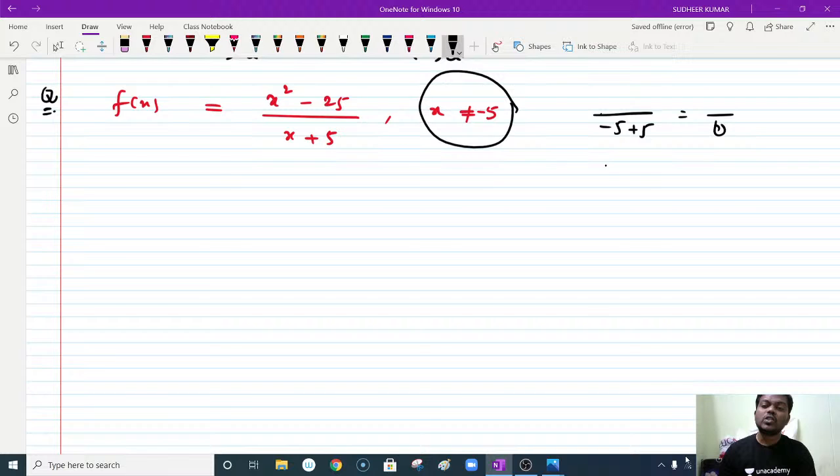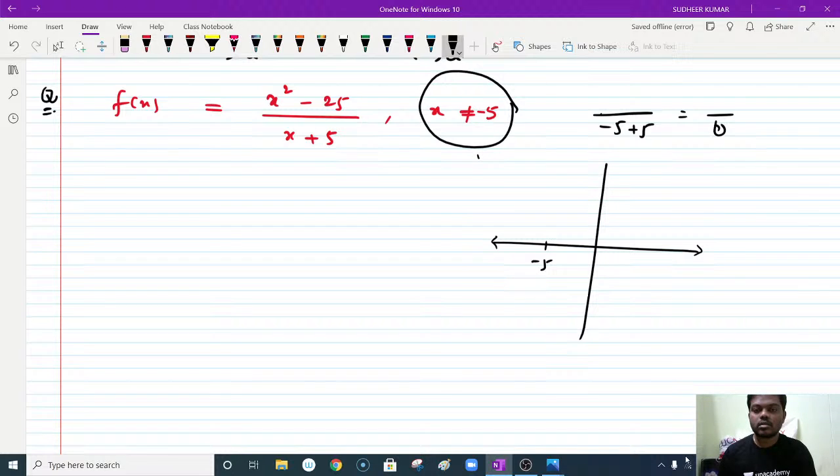So if you draw the graph of the function, for example, at x equal to minus 5, suppose we get the graph of the equation in this format. Actually, if you take from this point to this point, we lift the pen here at minus 5.